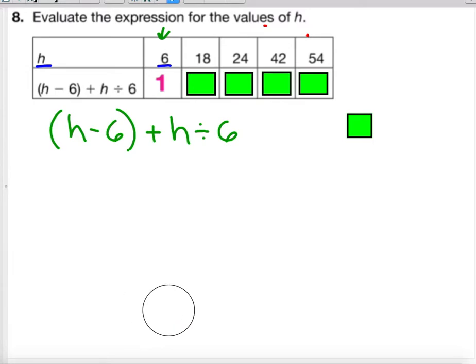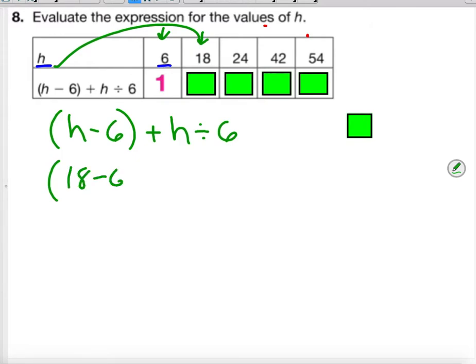Okay? Let's try another example from our table. Let's make it a little bit more complicated. Let's go and we will do 18. So we're going to rewrite our expression, and we're going to give h, this time, a value of 18. So we have 18 minus 6 plus 18 divided by 6. Following the order of operations, we do what's in parentheses first.